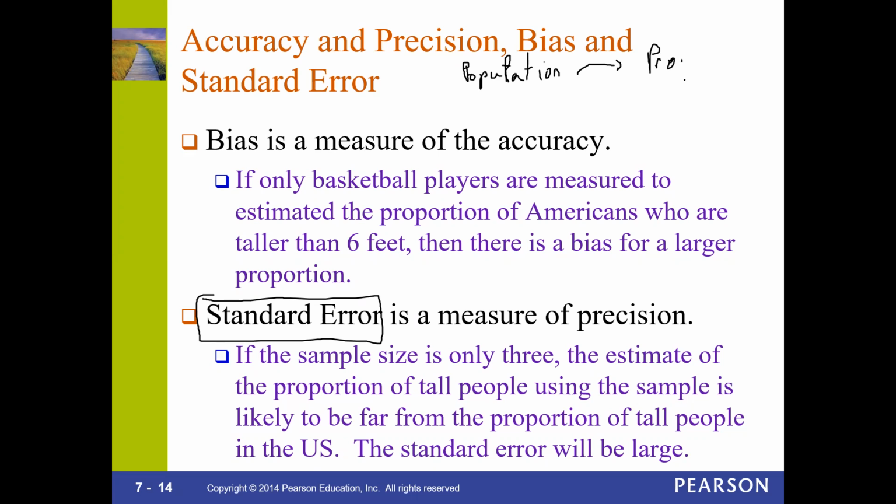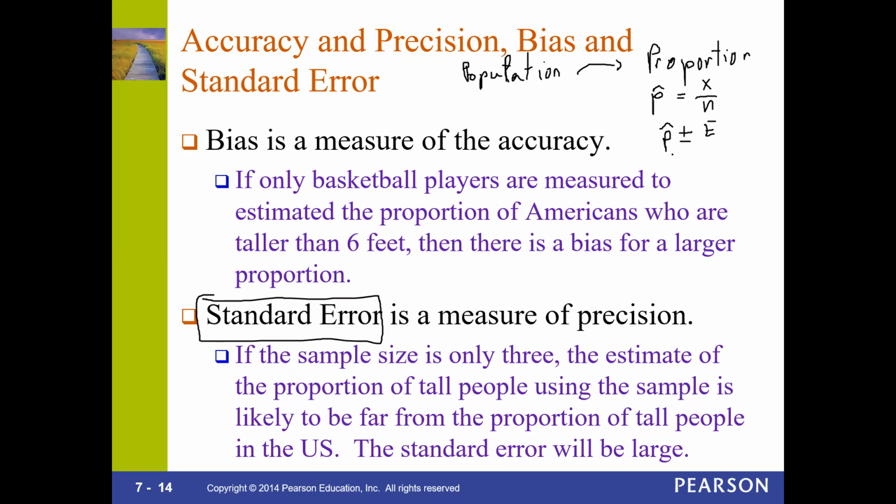Once I get my sample, I can generate a p hat in which X of n people are doing something. That p hat can either be off or close. So that p hat right here can be plus or minus some error.